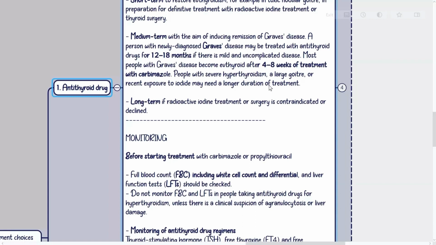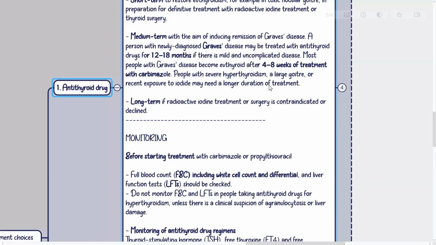Most people with Graves' disease become euthyroid after 4-8 weeks of treatment with carbimazole. People with severe hyperthyroidism, a large goiter or recent exposure to iodide may need a longer duration of treatment. Long-term, if radioactive iodine treatment or surgery is contraindicated or declined.